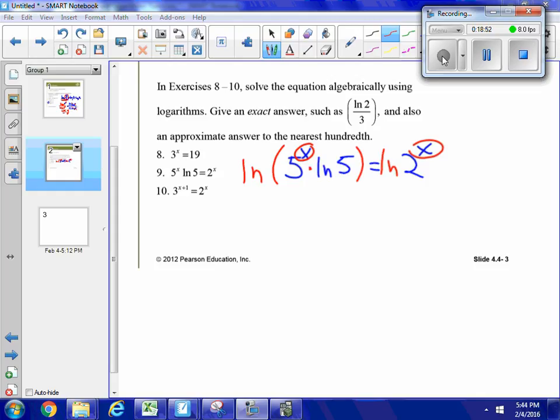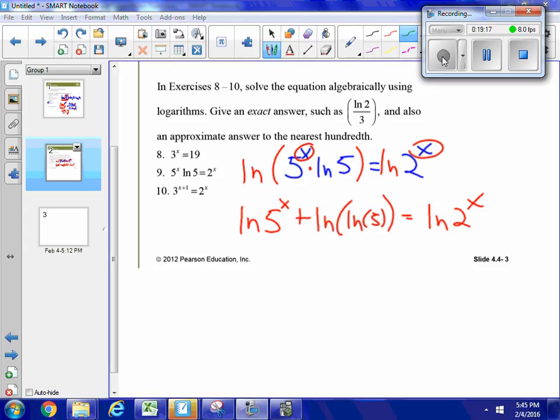So what I have now is ln 5 to the x plus ln of ln 5. So I have a logarithm of a logarithm. Nothing wrong with that. And that is equal to ln 2 to the x.